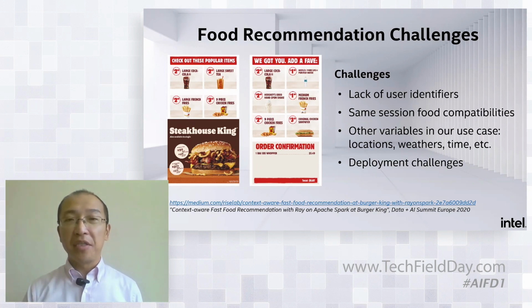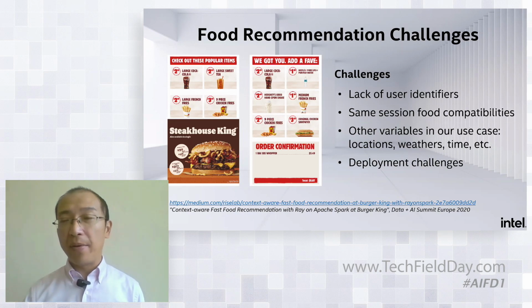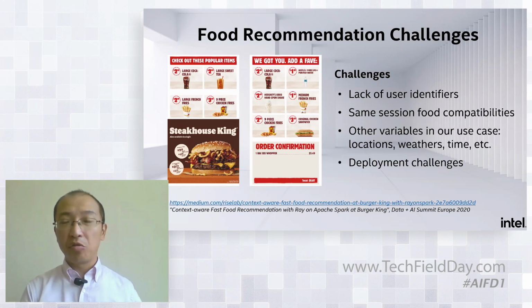There are a lot of new challenges. First of all, you don't have user identification. Unlike when you go to Amazon or Alibaba, where you have your user IDs, and they can use a lot of history and profile to do recommendation. But in those drive-through environments, you really don't have those user IDs.